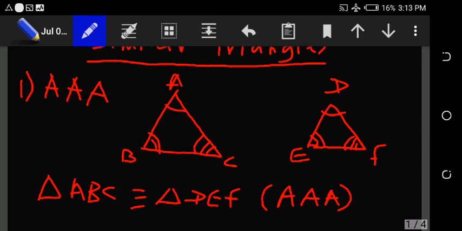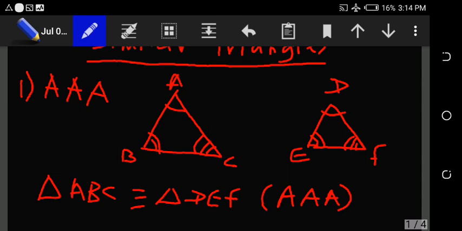So this is the first case. When we have two given triangles, and when you take your measurement or analysis and you find out that the three angles contained within those two triangles are the same, then those two triangles become similar triangles.